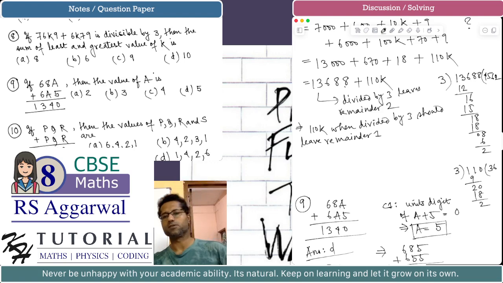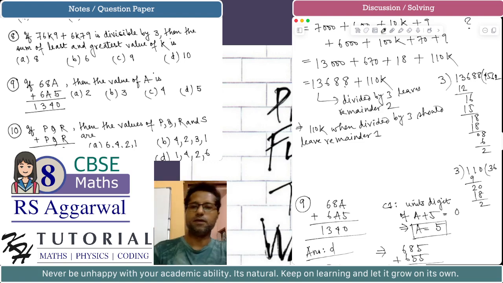Only then will 2 plus 1 get added, the remainder from the first number plus the remainder from 110k, and the sum will be exactly divisible by 3. So we must choose the value of k such that 110k leaves remainder 1 when divided by 3.